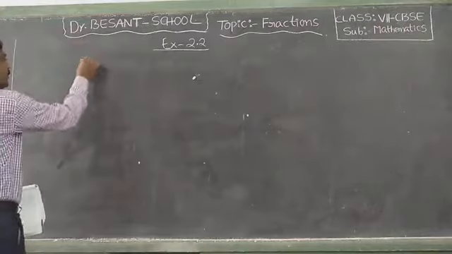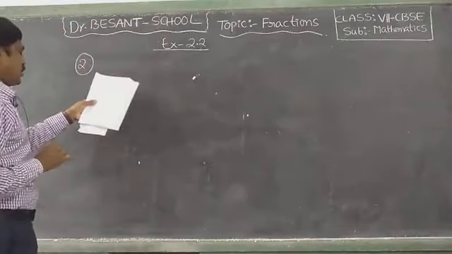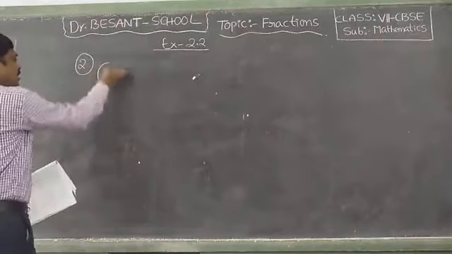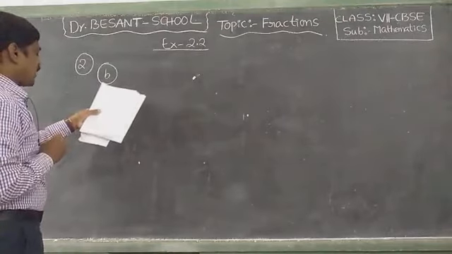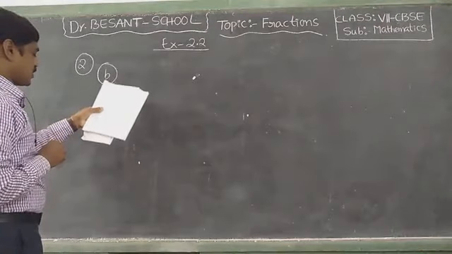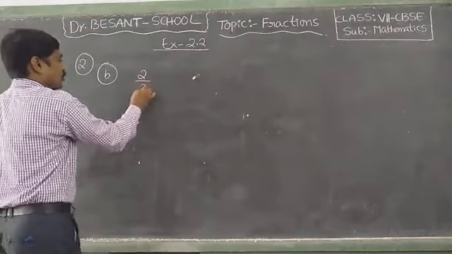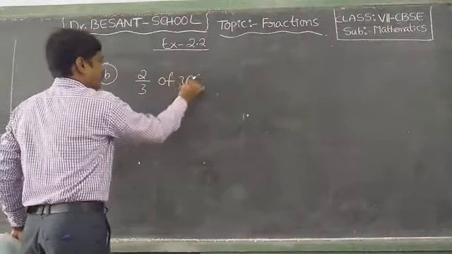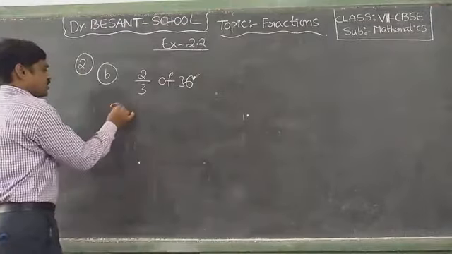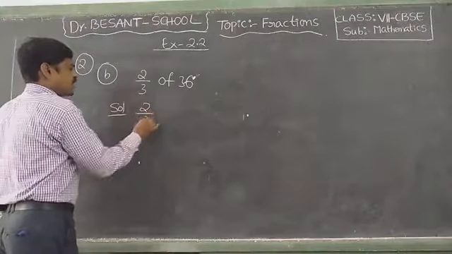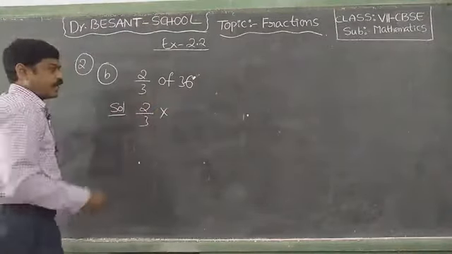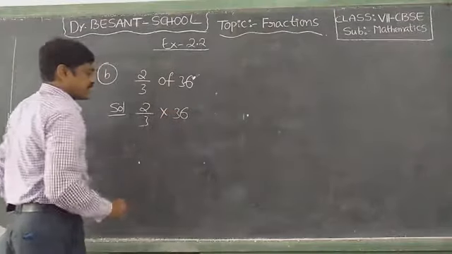Second Roman, B: 2 by 3 of 36. 2 by 3 of means what? Into 36.